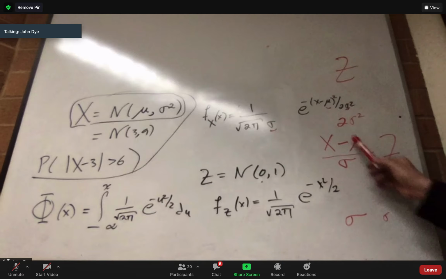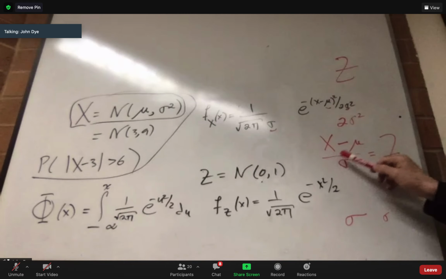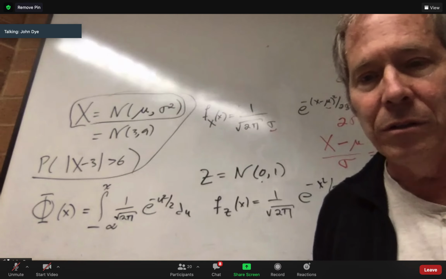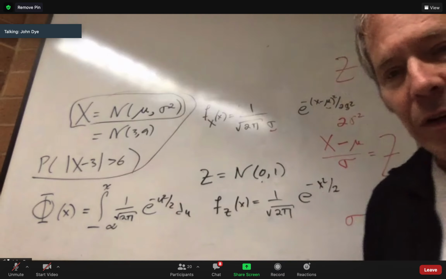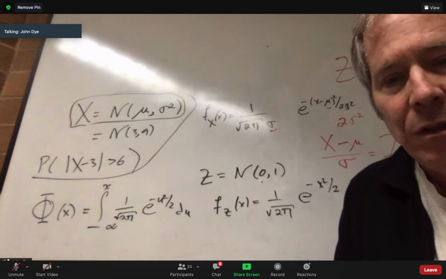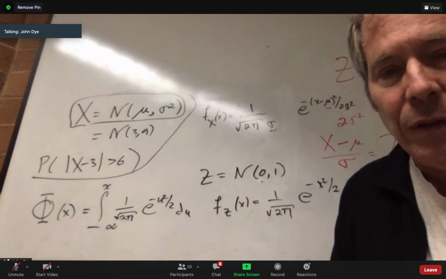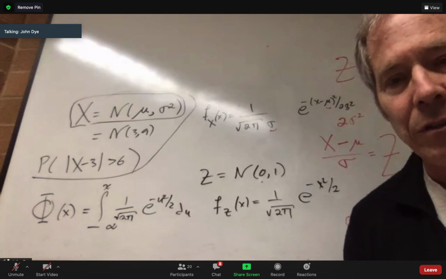If your raw data comes from x, these numbers are called the transformed or the normalized scores. So sometimes you change the random variable, especially with the normal.